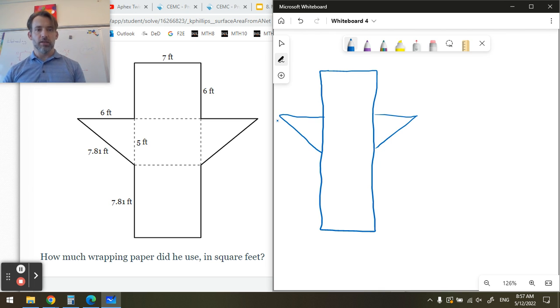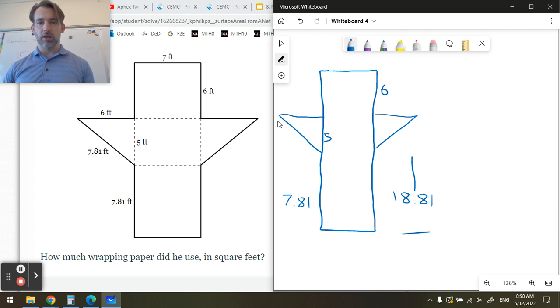So how long is the big one down the middle? Well, it's 6 here, 5 here, and 7.81 there. So add these all together, 18.81 is the length from here all the way up to here. That's a rectangle, and that is also 7 wide.